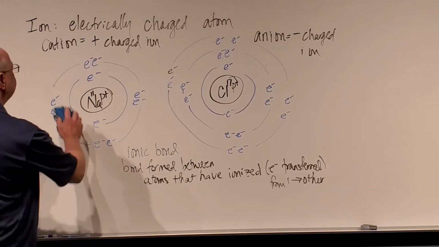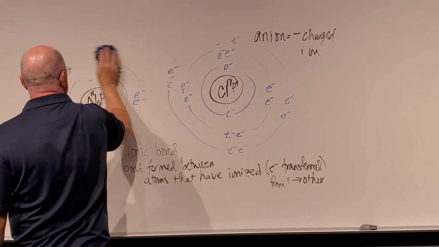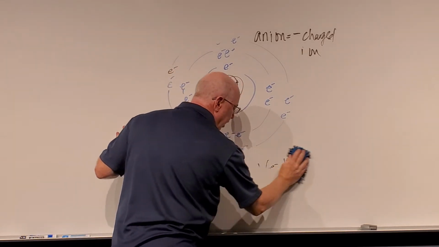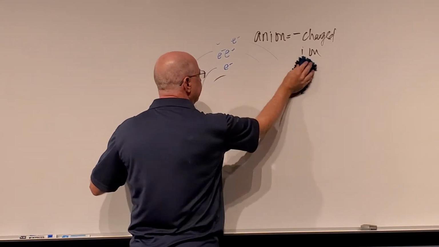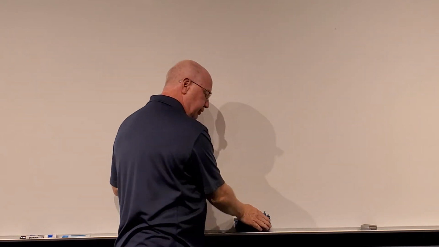Okay. All right. So I'm going to erase this, and we're going to start talking about what's called a covalent bond. Because not all atoms ionize, even if they can. For example, if I have 10 hydrogen atoms, I may not get 100% of those, or all 10 of them, to ionize.